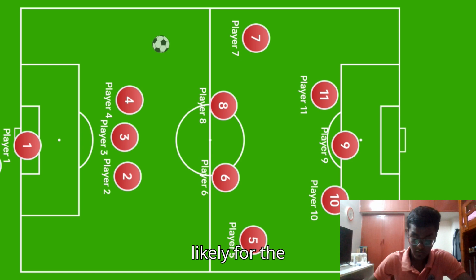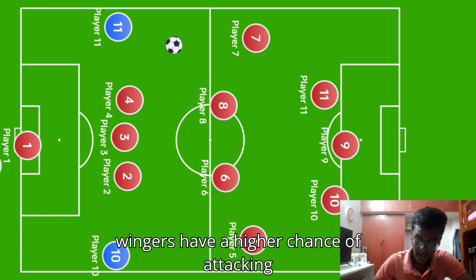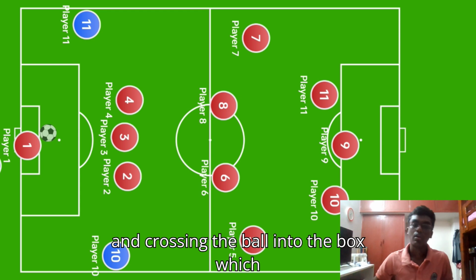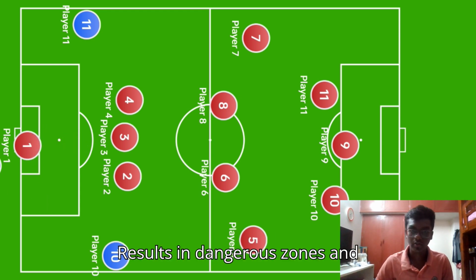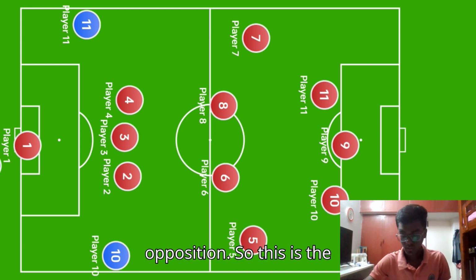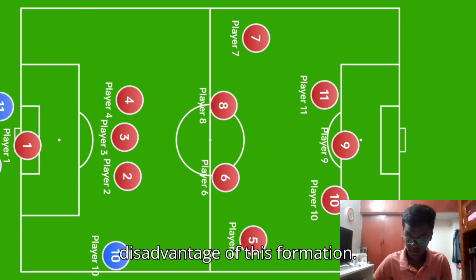On the flanks, the wide areas of the pitch, the opposition is more likely to attack. Their wingers have a higher chance of attacking and crossing the ball into the box, which results in dangerous zones and goal scoring opportunities for the opposition. So this is the disadvantage of this formation.